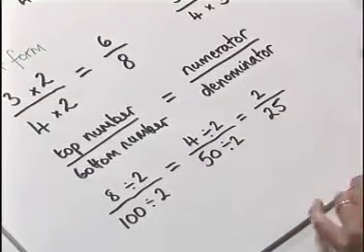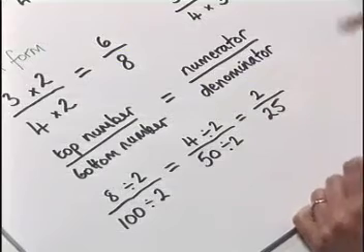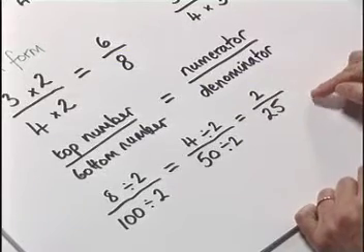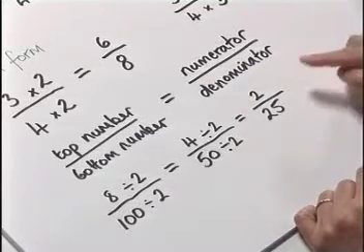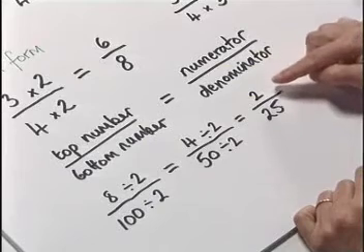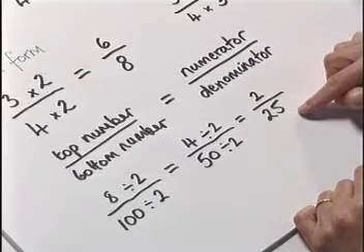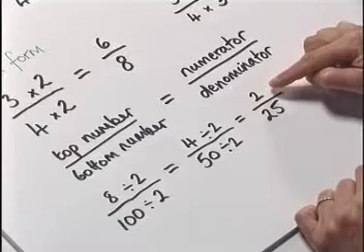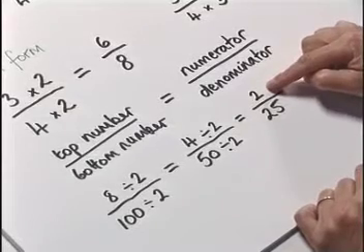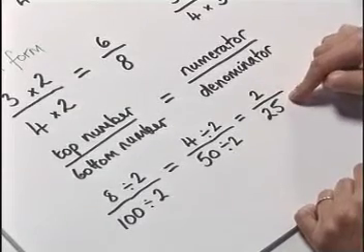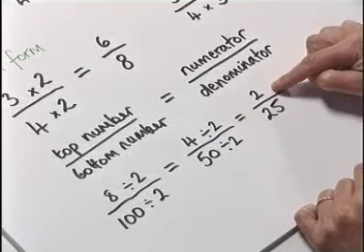So another equivalent fraction, but is it in its lowest form? Well, we need to see if there is any number that goes into both the numerator and the denominator. Well, the only numbers that go into 2 are 1, which goes into all numbers, so that's not going to help us, and 2.